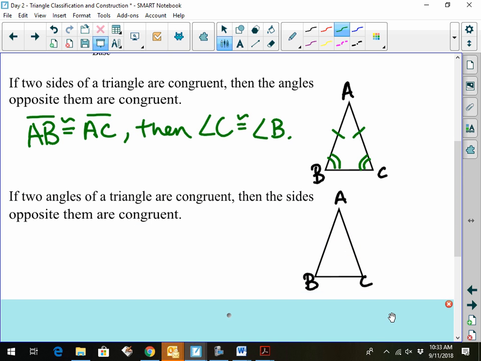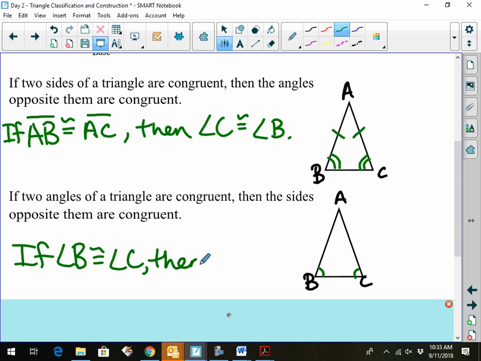Then we could also say the same the other way. So if two angles of a triangle are congruent, then the sides opposite them are congruent. So if angle B and angle C are congruent, and you could add an if in front of here too, if angle B is congruent to angle C, then the sides opposite them are congruent.